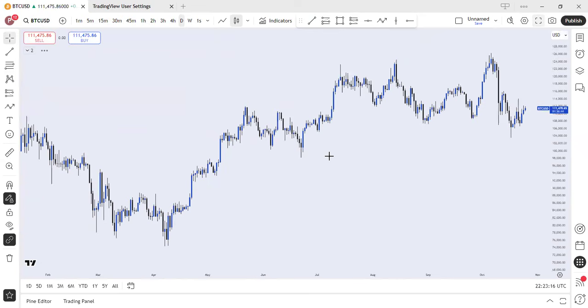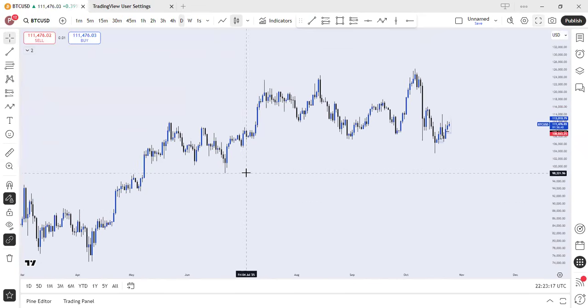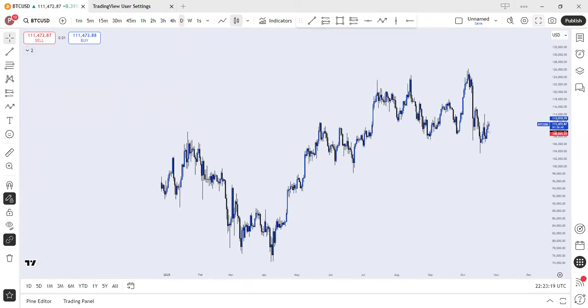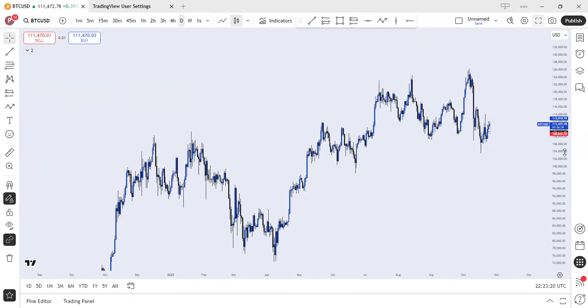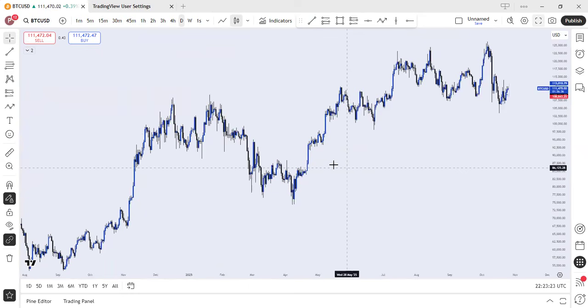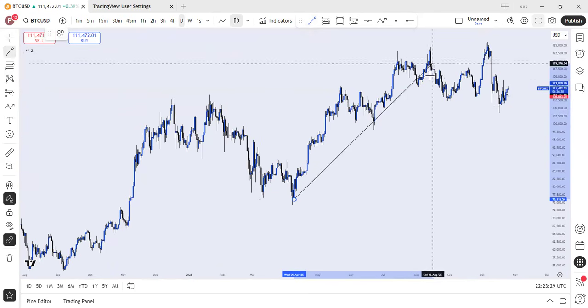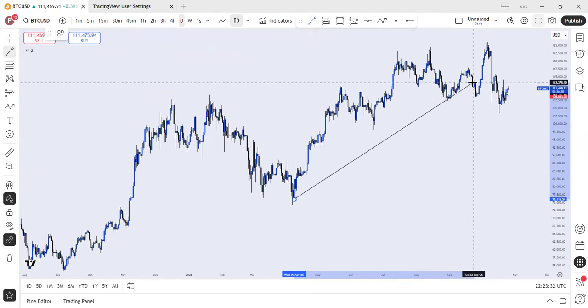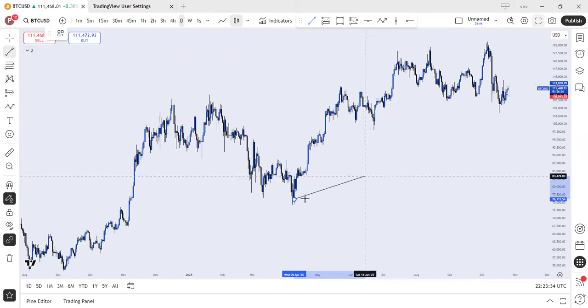So it's very simple. Once you open any chart, you check whether there is a trending market, whether there is a trend that price is currently respecting, or there is a trend line or whatever that price is respecting. If there is no trend line, it means that there is nothing like trending market for that particular pair.